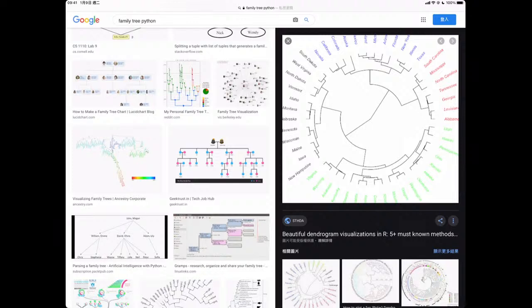We have a lot of different animals, right, on the earth, but we cannot analyze all those animals.